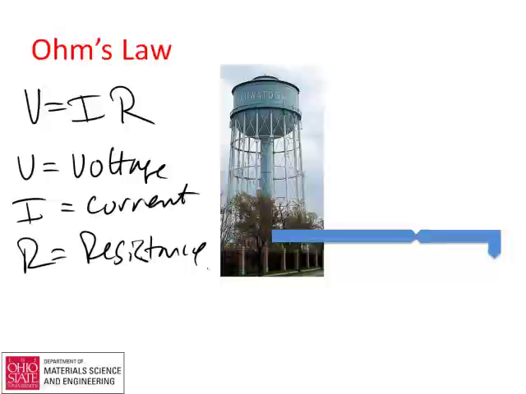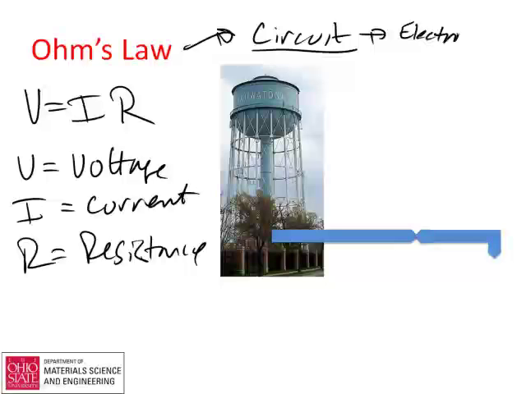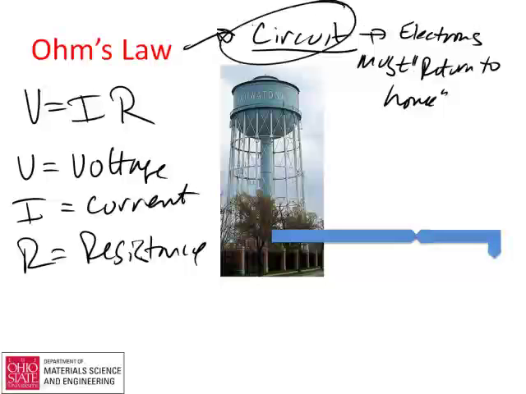And the thing that you have to realize is it always has to act for a circuit. So the electrons, or the current, call it electrons for now, must, what I would say, return home. You can't build up charge somewhere. It has to be a current. It has to be a closed circuit somehow.